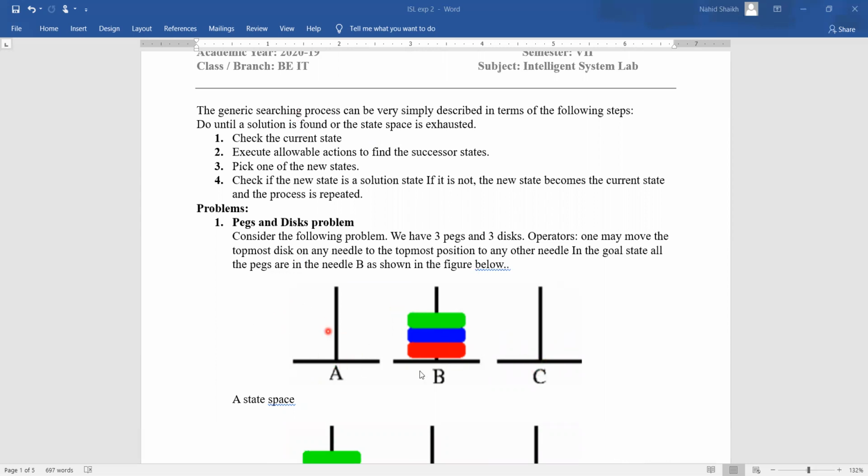Pegs and disks can be present in any combination. A disk present in any of the pegs, that can be a state.